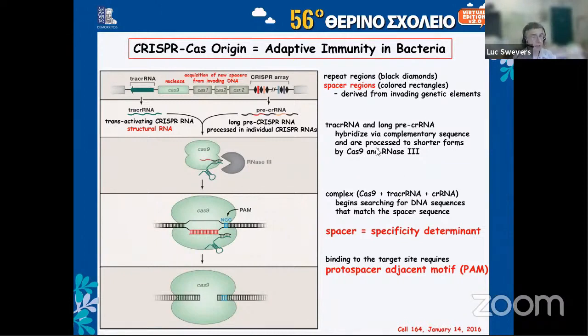When this complex is made, the CRISPR system can bind to the genome, to a double-stranded DNA in the cell, and then it will move along the double-stranded DNA and scan the sequence of the double-stranded DNA target until it encounters a sequence which is called the PAM, or the protospacer adjacent motif.